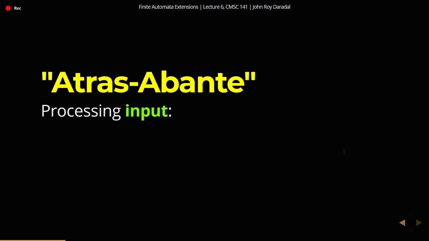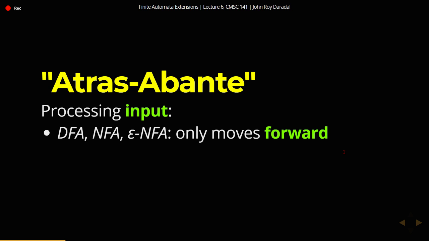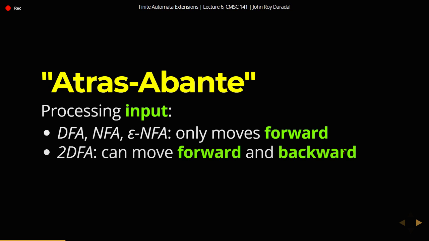So what does that mean exactly in processing input? What we have seen so far for DFA, NFA, and epsilon NFA is that by processing the input string, we only move forward. So if our input string is A, B, C, we'll process A and then go to B and then go to C. But in the 2DFA, it can move forward and backward on the input string.